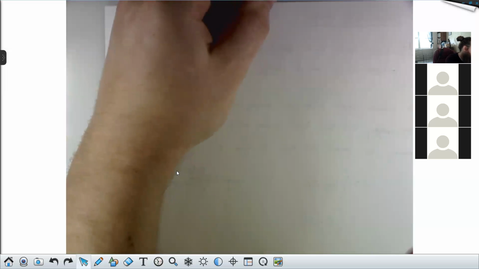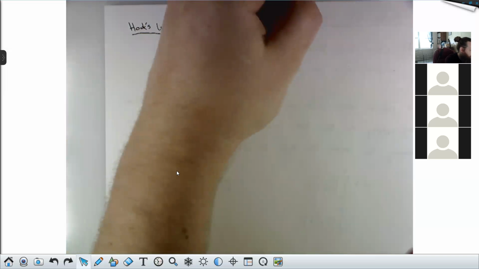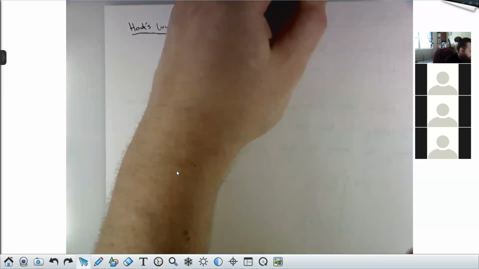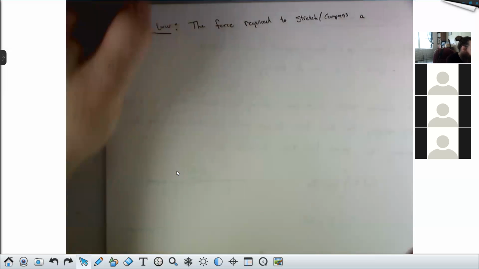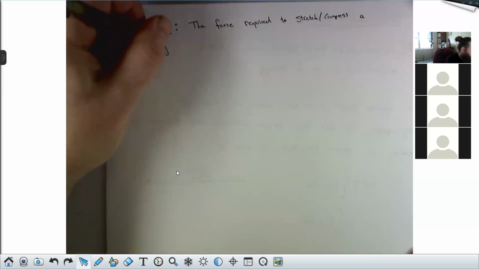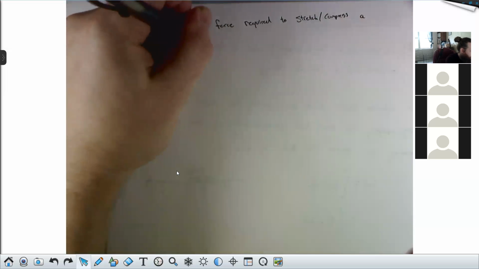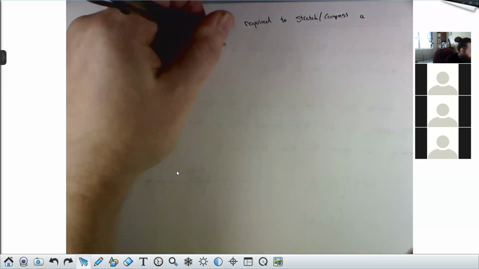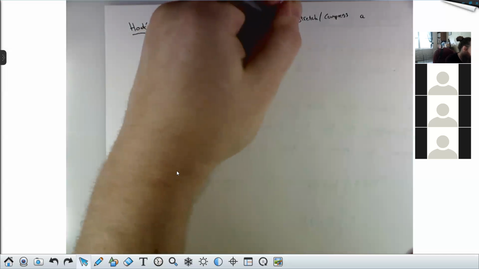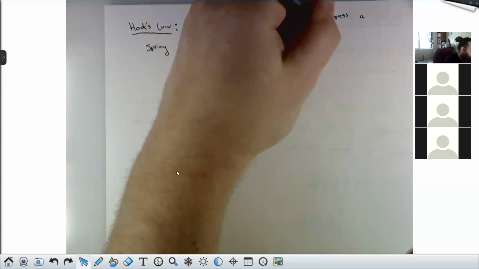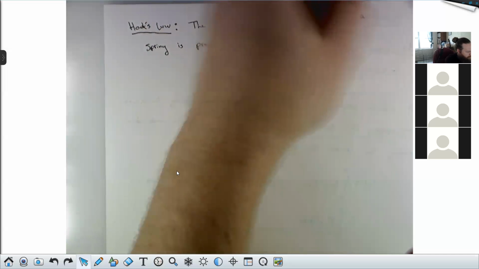Hooke's law says, very simply, the force required to stretch or compress a spring is proportional to the distance you stretch or compress the spring.